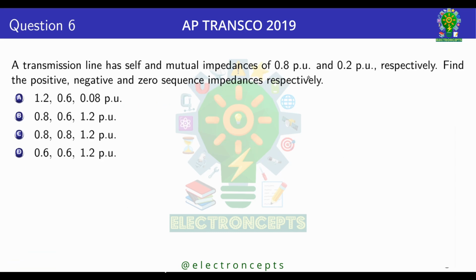Question number 6. A transmission line has self and mutual impedances Zs 0.8 per unit and Zm 0.2 per unit respectively. We need to find the positive, negative and zero sequence impedances.